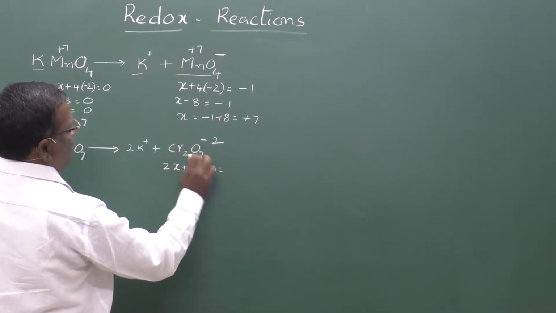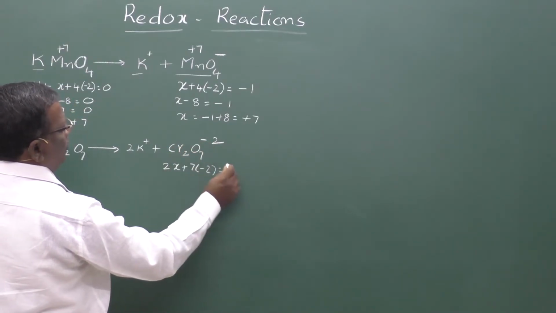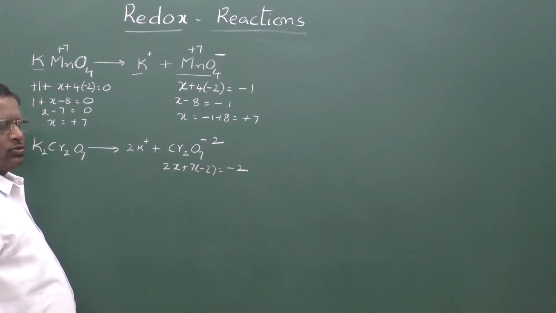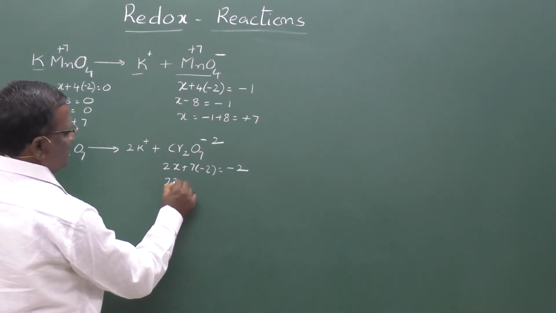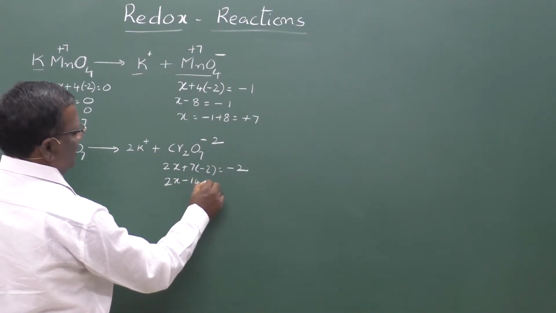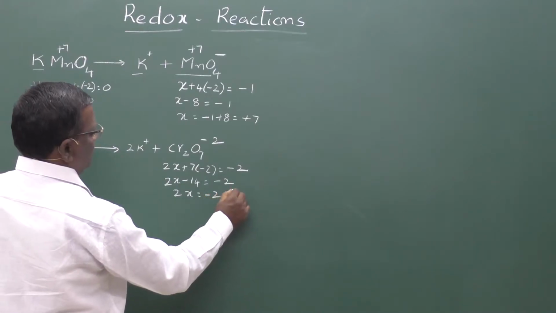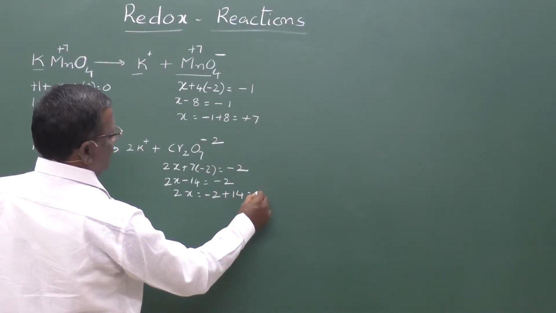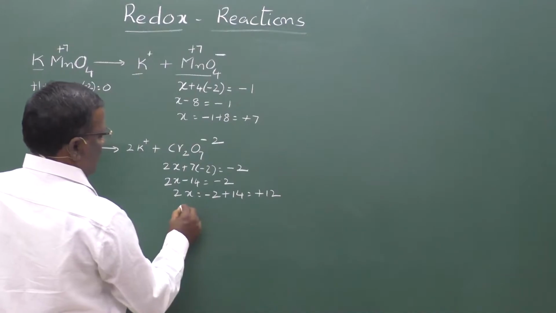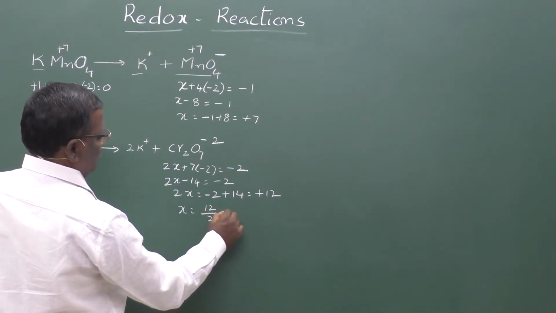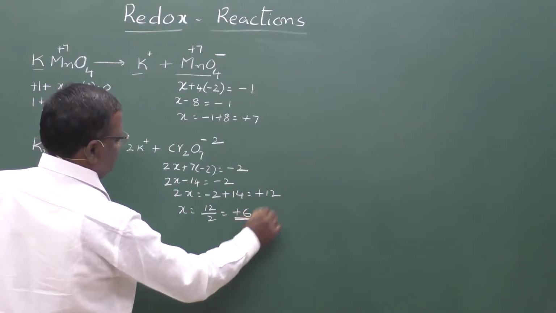The sum of oxidation states of Cr and O is -2 because the charge of this ion is -2. So 2X - 14 = -2, 2X = -2 + 14 = +12, X = 12 by 2, that is +6.